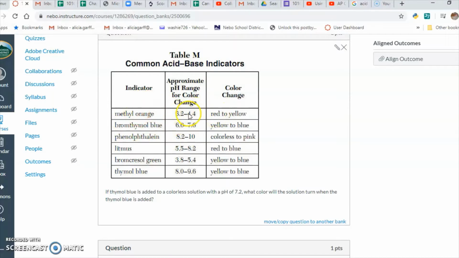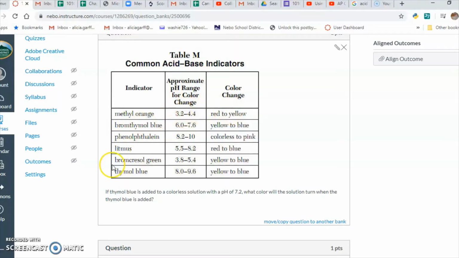For example, methyl orange is red when it's below 3.2, and yellow when it's above 4.4. Between those two numbers, it's going to change from red to yellow.